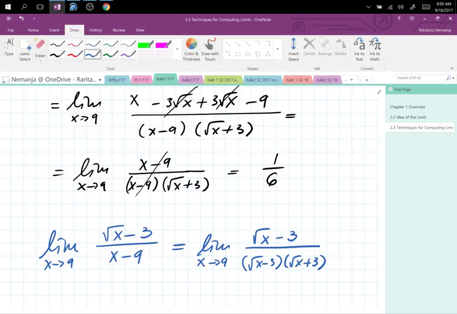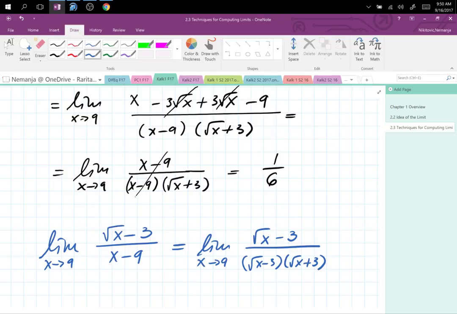It's the boss move, all right? Yeah, you can factor anything. Anything can be factored. You write down x minus 5, it factors as square root of x minus square root of 5, times square root of x plus square root of 5.